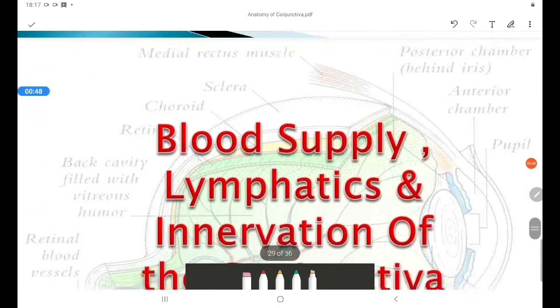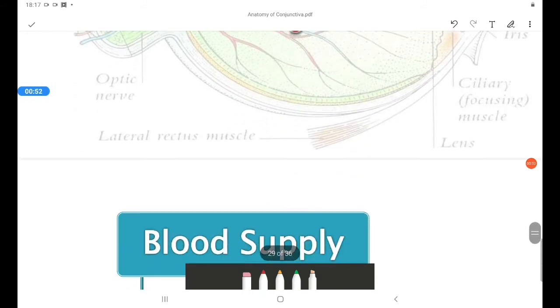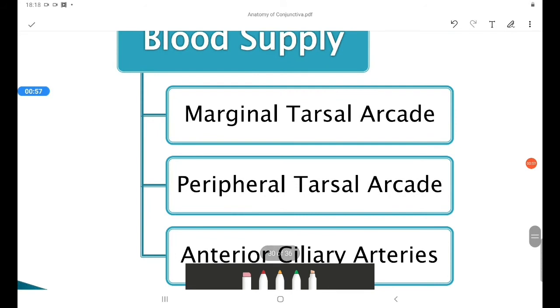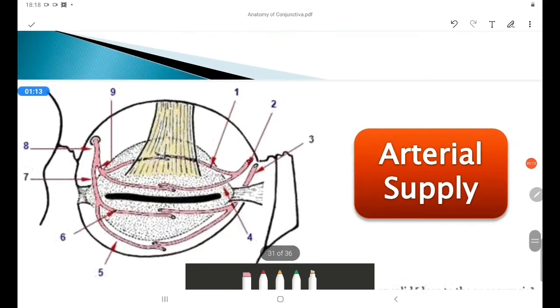Now next is the blood supply, the lymphatics and innervation of the conjunctiva. With regard to the blood supply, you should know that there is a marginal tarsal arcade and a peripheral tarsal arcade, and a few contributions are also received from the anterior ciliary arteries. We'll look into the details of this arterial supply.